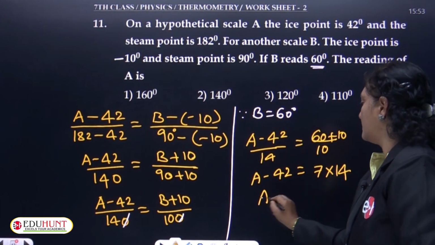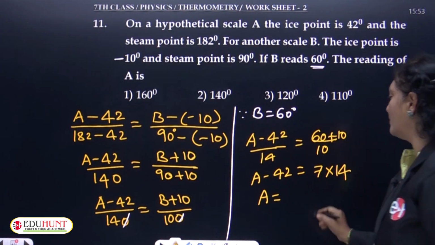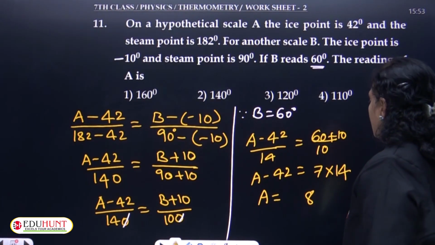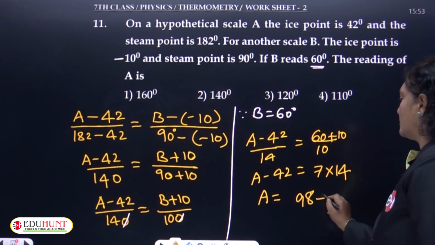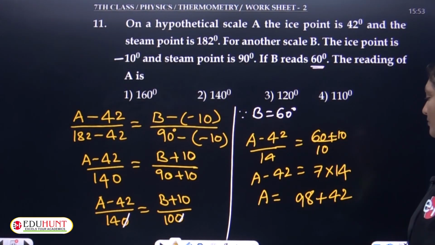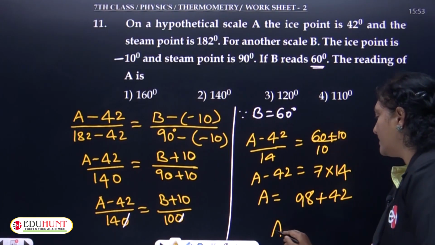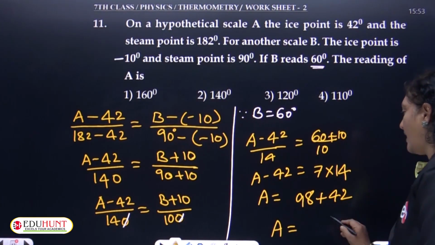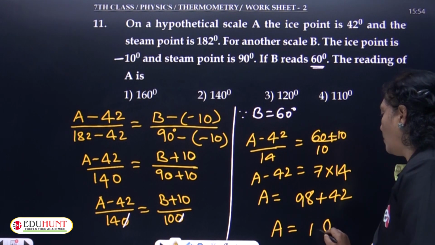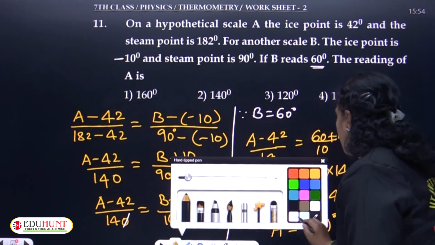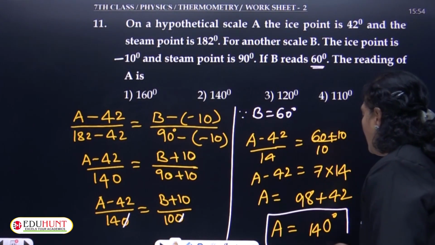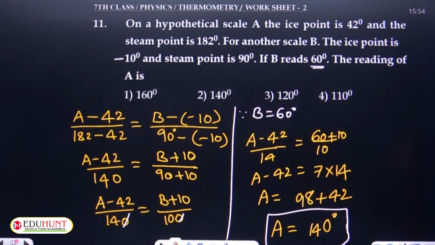So A is equal to 7 times 14, which is found to be 98, and if minus 42 is brought to the other side, this will become plus 42. Hence, the final value of A is found to be 140 degrees. So what is the final answer, children? The thermometric reading on the scale A is found to be 140 degrees.